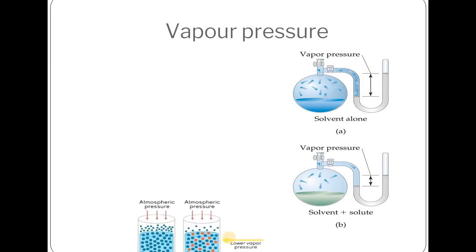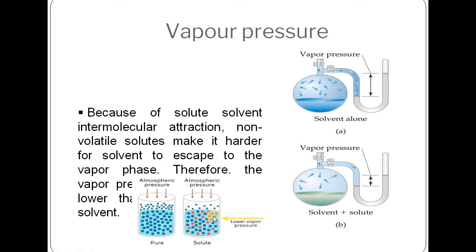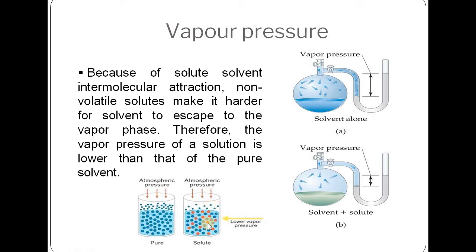Now from the figure you can see, when we are having pure solvent and when we are having a solution, what is the difference in the vapor pressure? What change we are observing when we are adding solute to a pure solvent? What we are observing here is that because of solute-solvent interaction, the non-volatile solute is making it harder for the solvent to escape to the vapor phase.